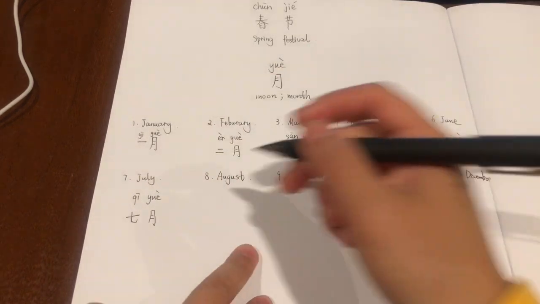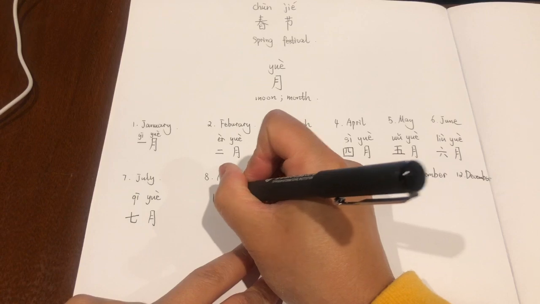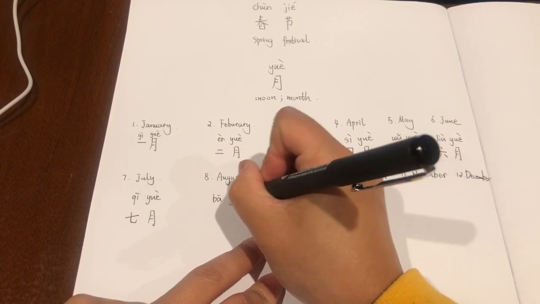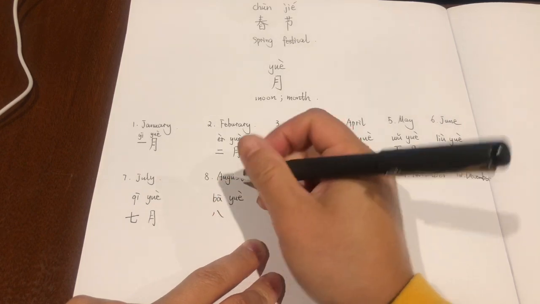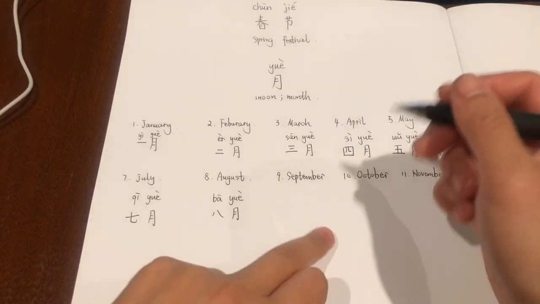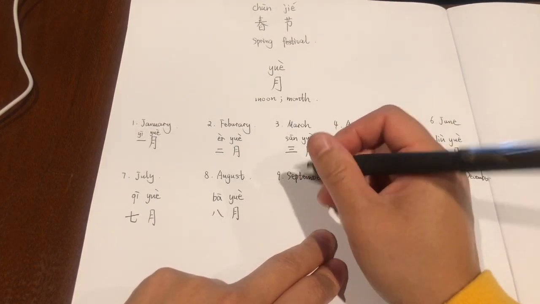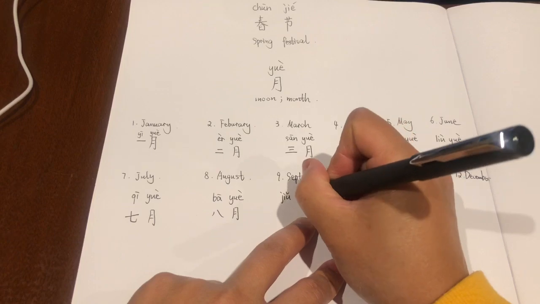August, number 8. 8月 looks like a volcano. 月. September, the 9th one. 9月.